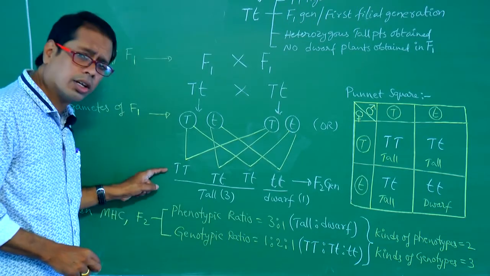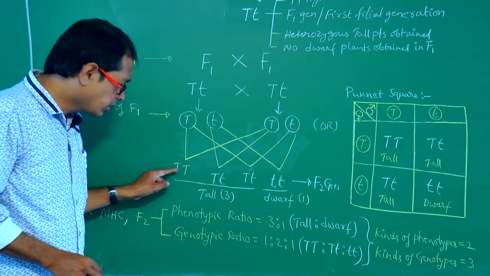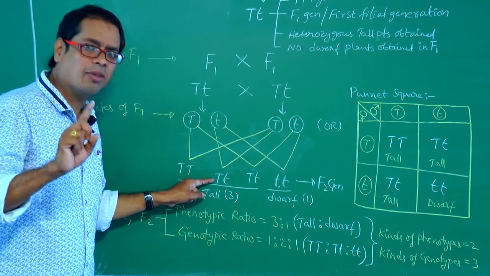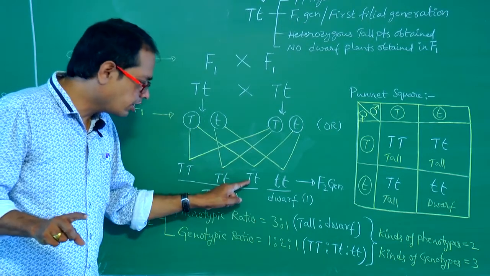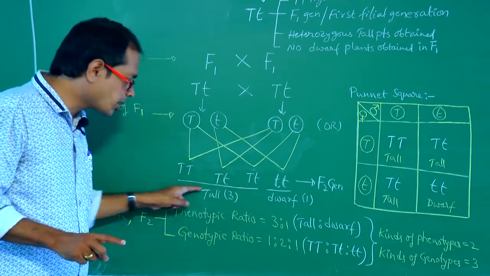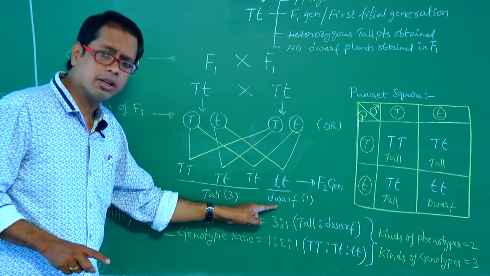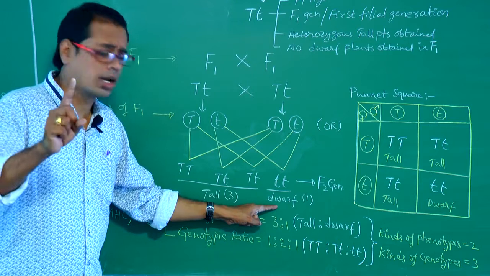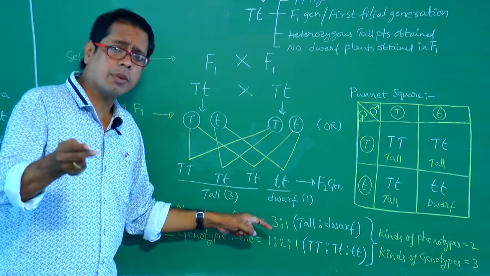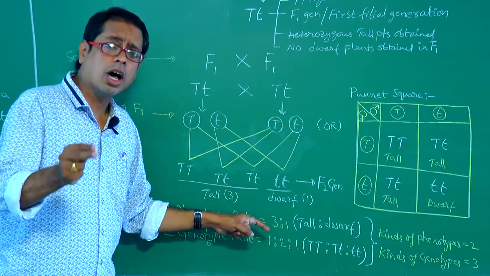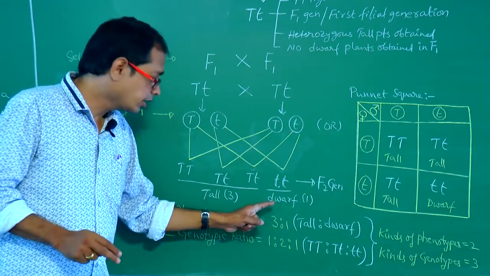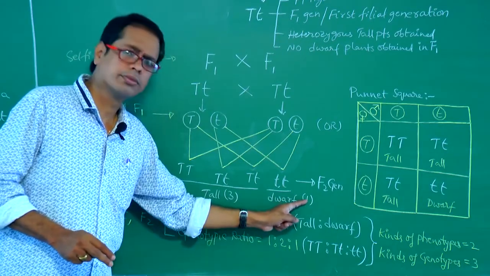So this is a tall plant, this is also a tall plant, this is also a tall plant. How many tall plants are obtained? Three. This is a dwarf plant. How many dwarf plants are obtained? One. That is, tall and dwarf plants are obtained in 3:1 ratio.